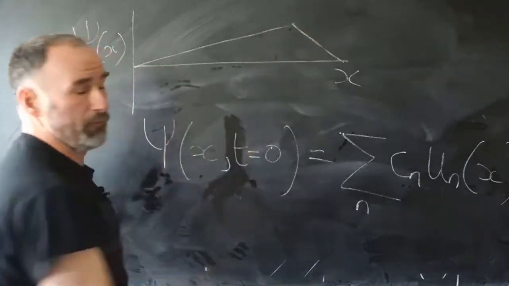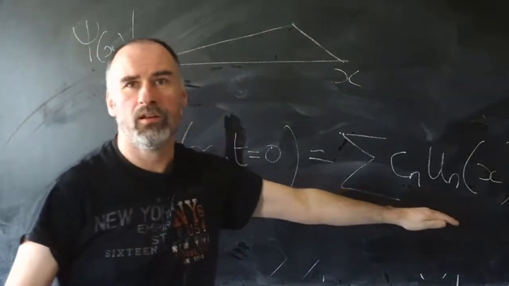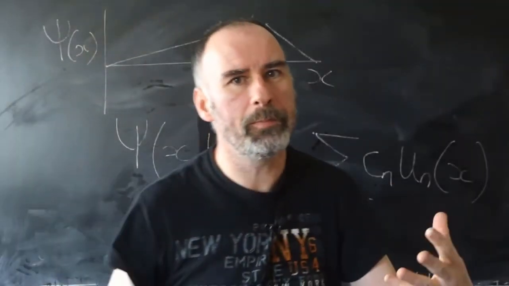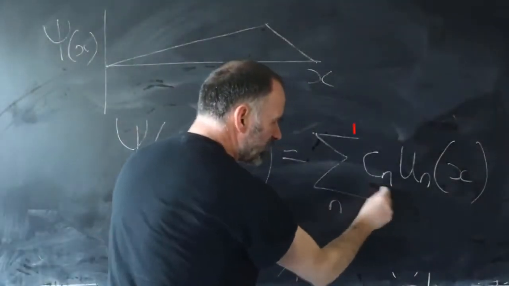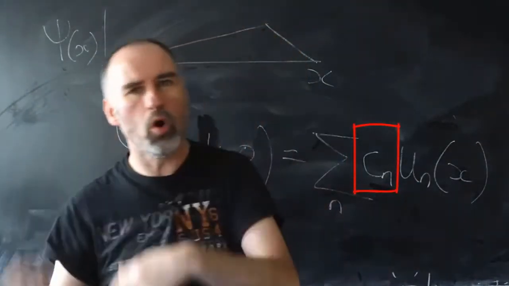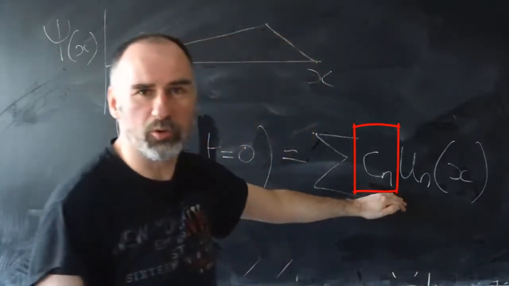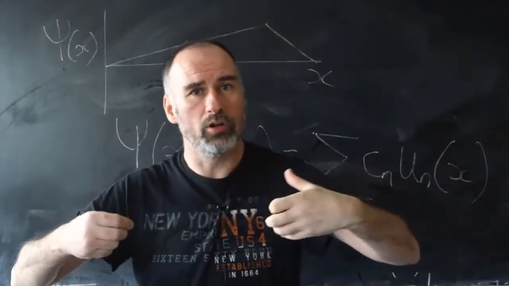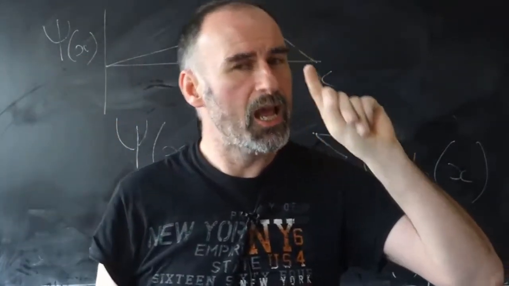And this waveform can be made up, can be constructed from superposition of our basis functions. And this tells us how much of each one of those basis functions we need. So for C1, for our first harmonic, this will tell us how much we need. C2 will tell us, etc. Okay, so those parallels are really important between the classical case and the quantum case.